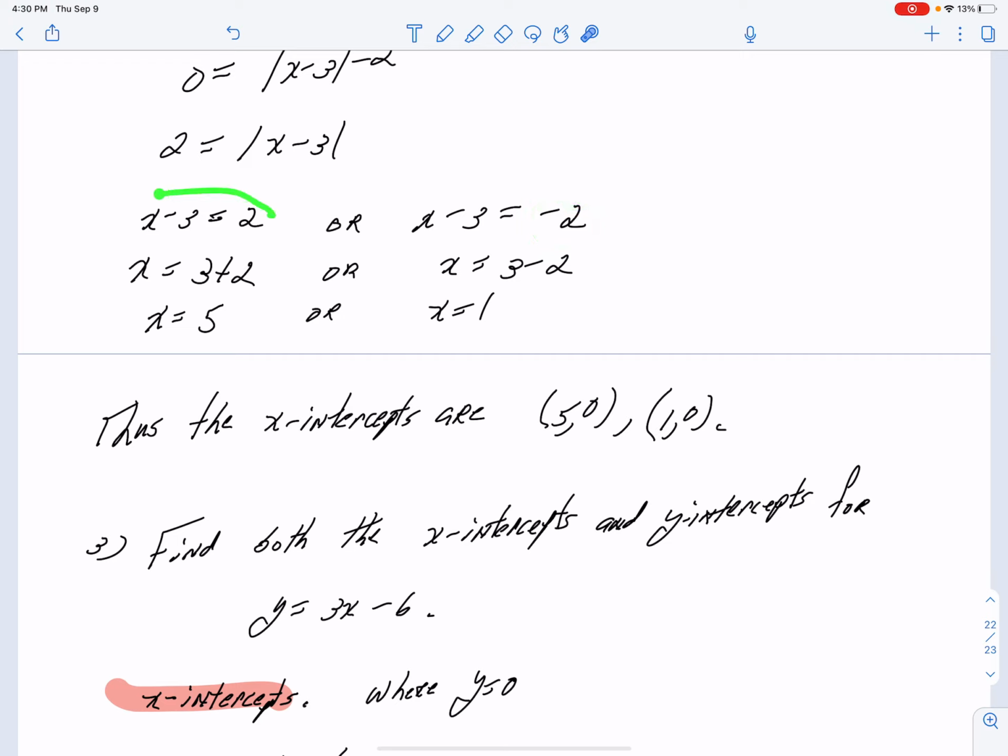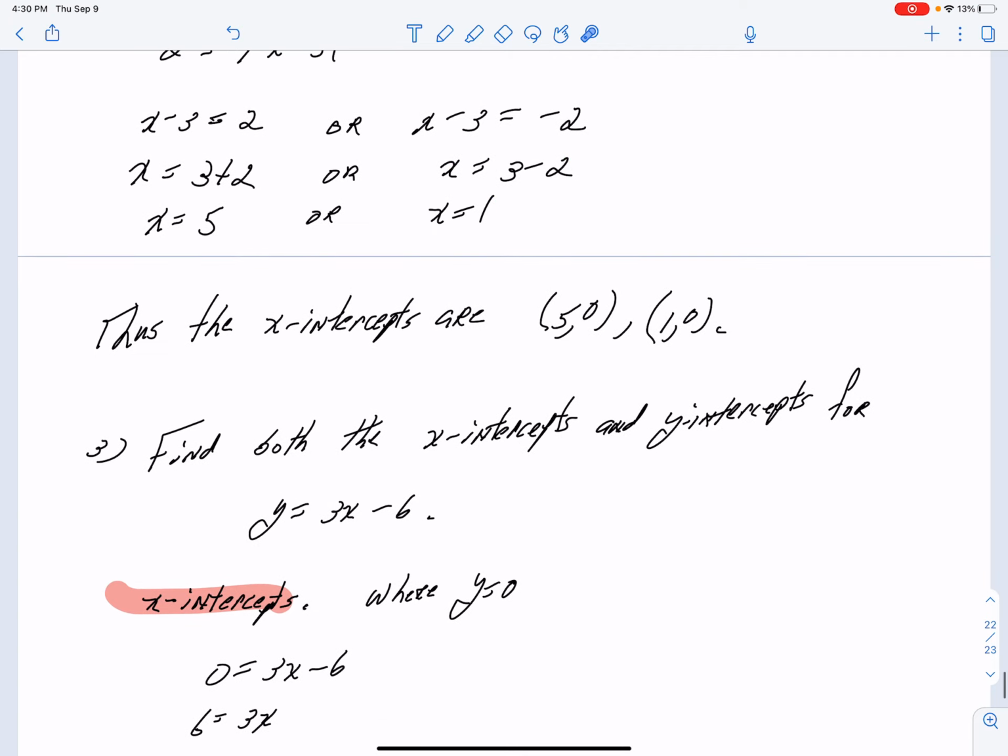So I solve x minus 3 equals 2. That gives me x equals 3 plus 2, or x is 5. And I solve x minus 3 equals minus 2, the other one. If I add 3 to both sides, x equals 3 minus 2, or x equals 1.